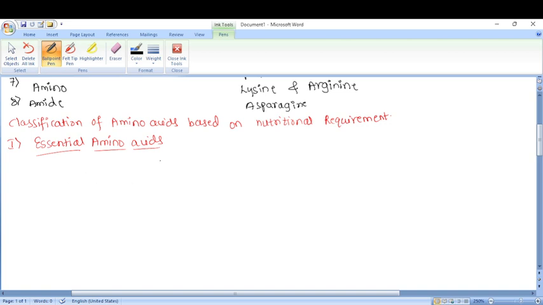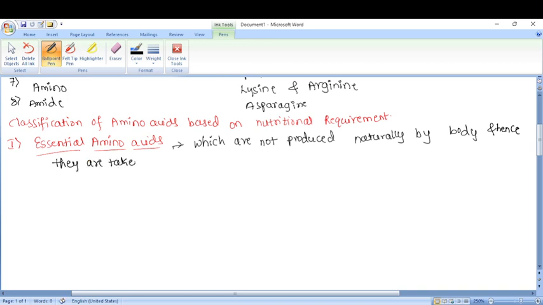Amino acids which are not produced naturally by the body, and hence they are taken through diet or food source.